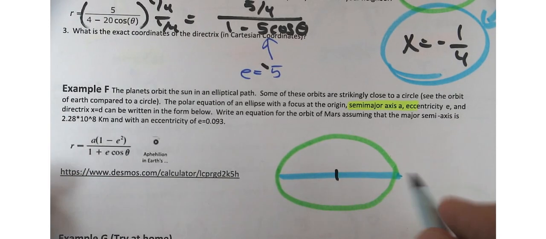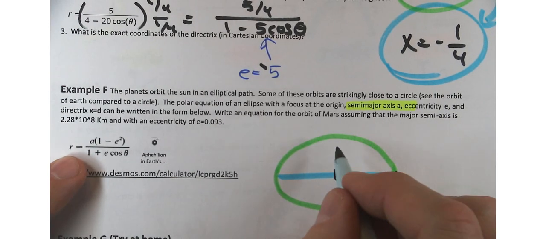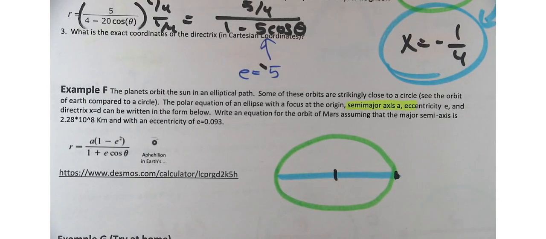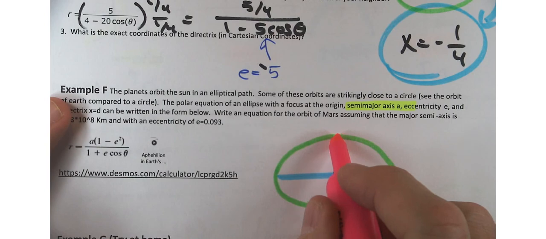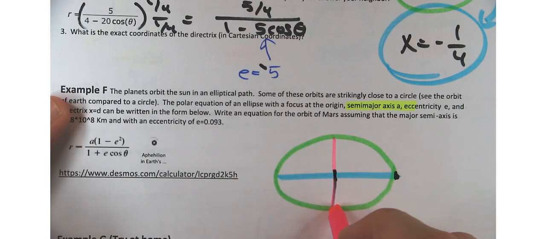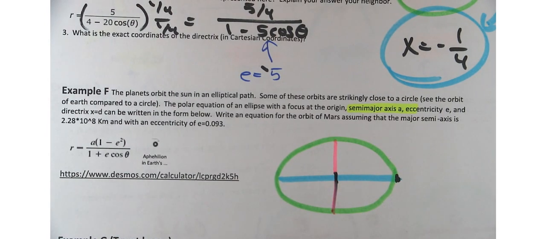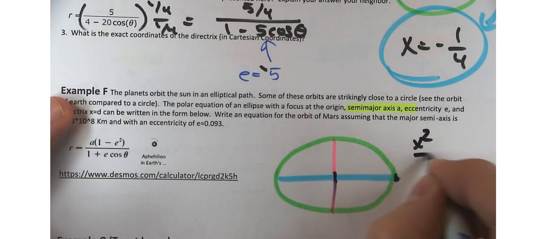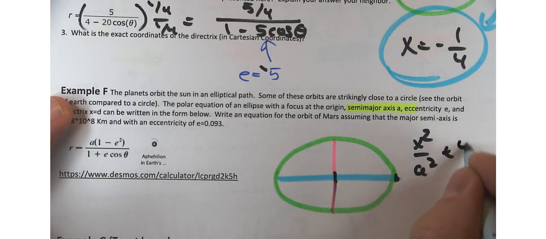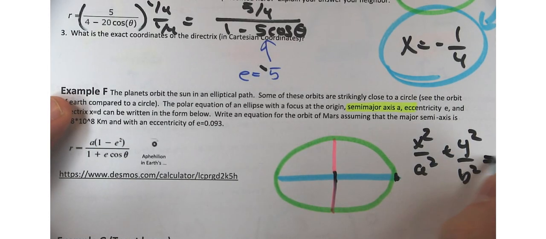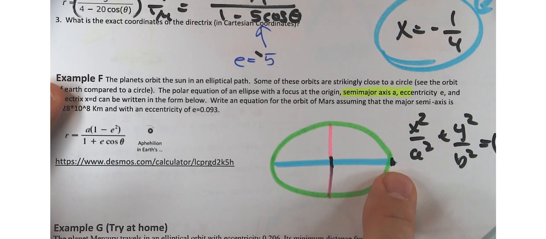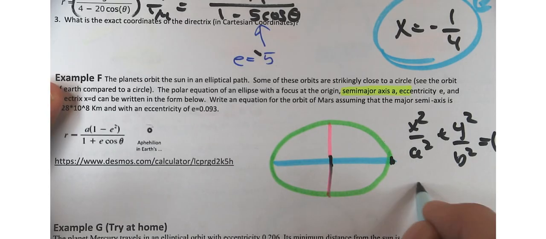Typically, if you had x squared over a squared plus y squared over b squared equals 1, because this direction is longer, a has to be greater than b.